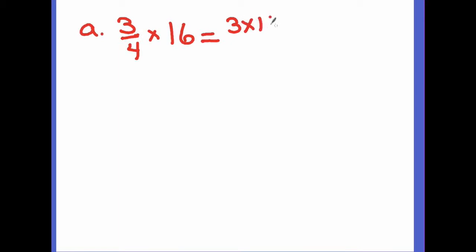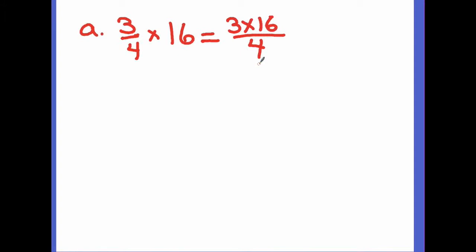Like the problem A, look at A, it says 3/4 times 16, and then the second part is the same thing. Oh, they want you to do it with cross canceling, I see. So the first one you're not going to cancel. They changed it up on me.